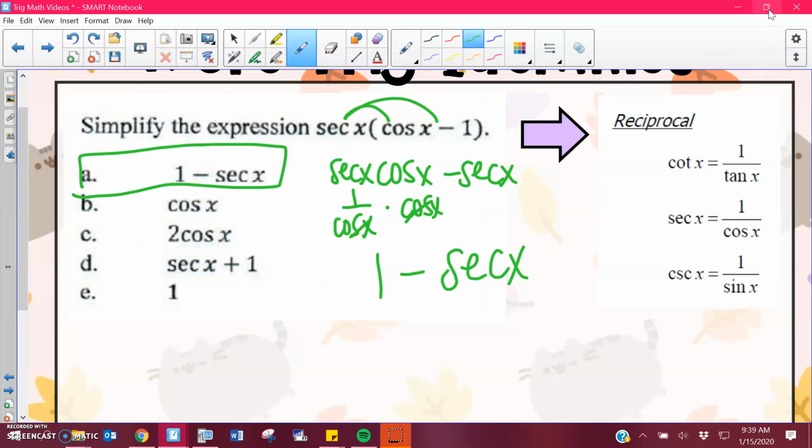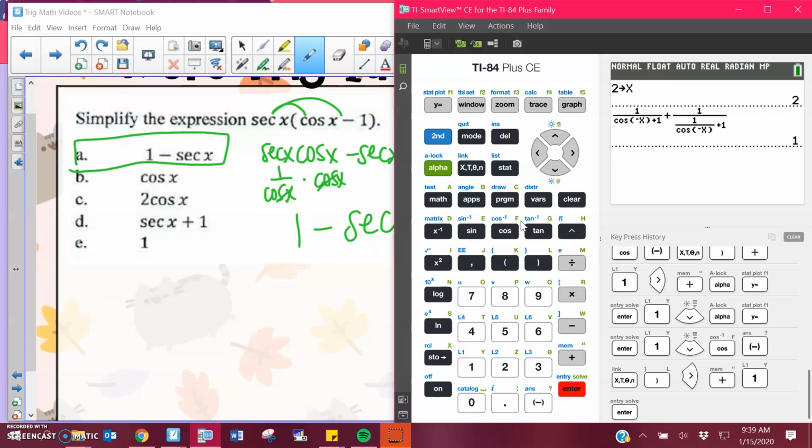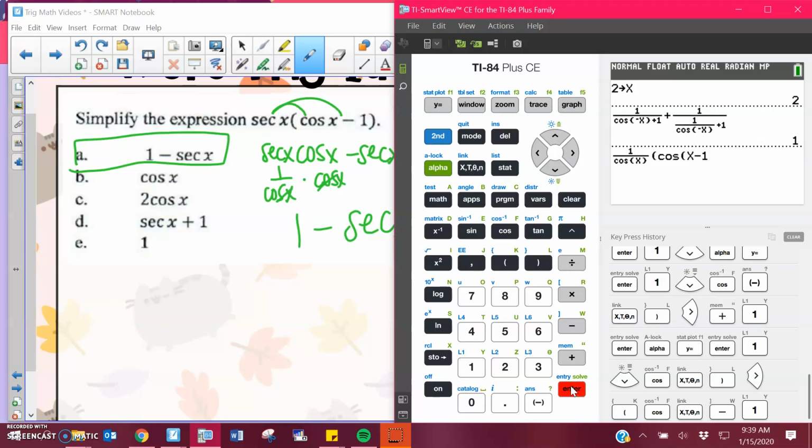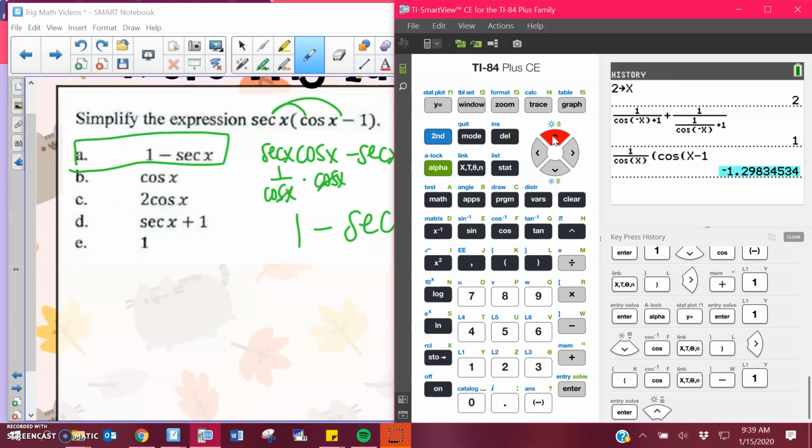And again, if you were to type this into your calculator, I'm just going to use the same x here. I would have to type in alpha y equals 1 over cosine x, and then parentheses cosine x minus 1. I didn't close my parentheses, guys. I have to be more careful.